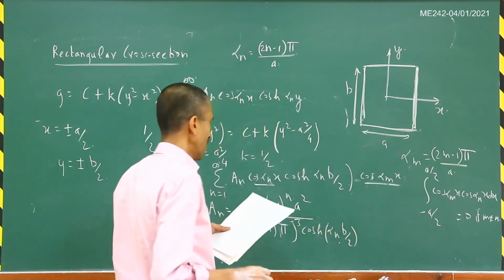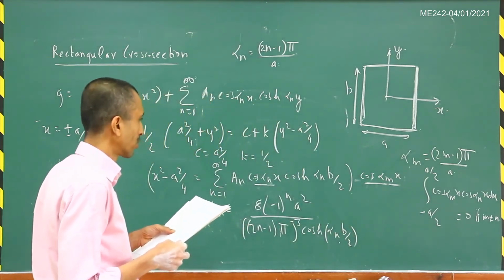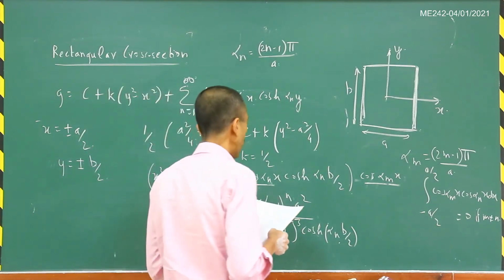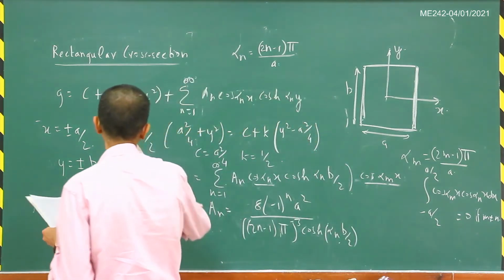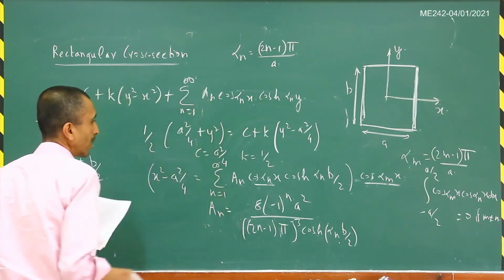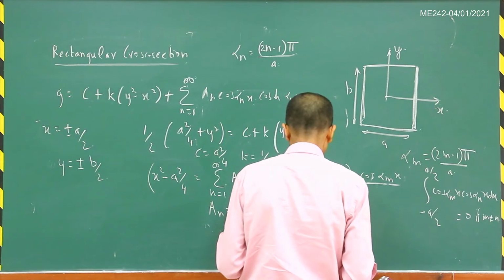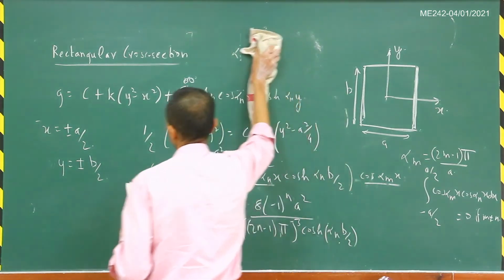So this is the final result that you will get, by using the orthogonality of the cosine functions. And now the problem is solved, because we have been able to find out what is this c, what is this k, and what is this n.